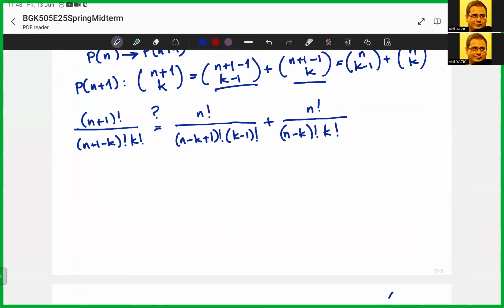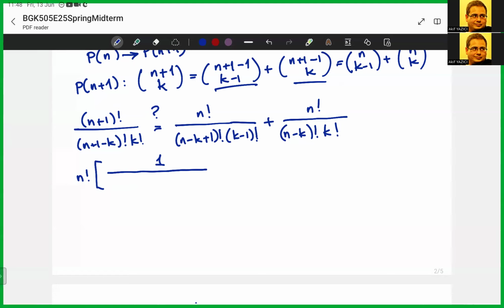So what can you do here? You can take the left-hand side or the right-hand side, and you can try to reach the other side. So you see n factorial in both terms here, and in the denominator. So what we can do is, let's say, n factorial times parentheses 1 over. Now, I would like to have the denominators equal.